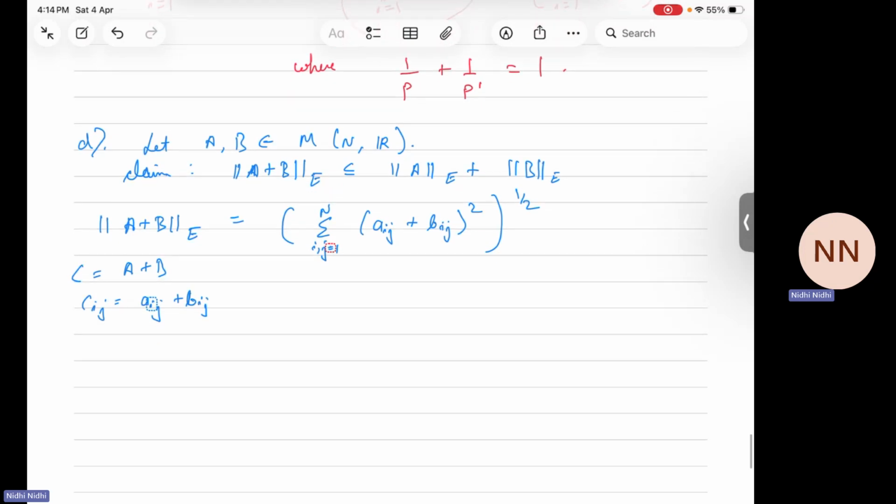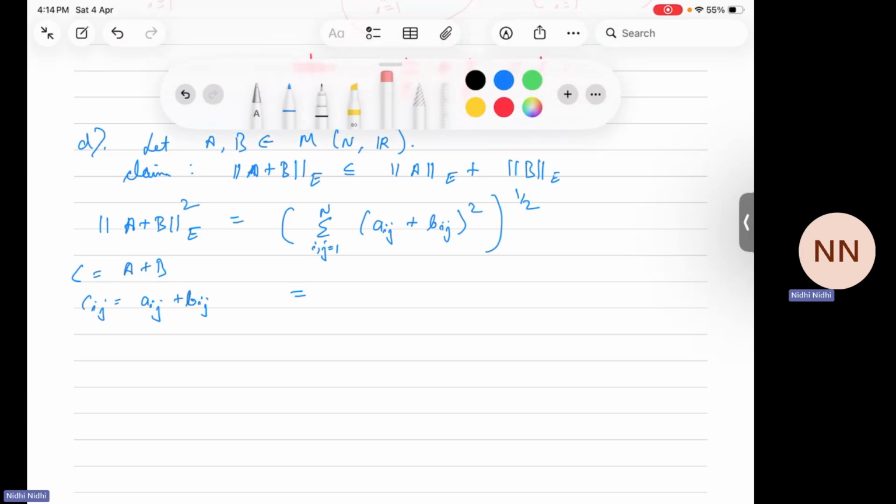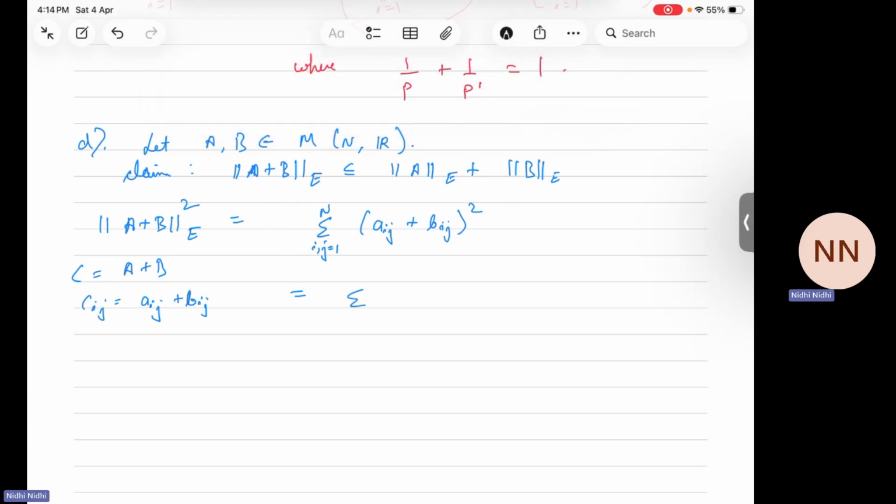So now I can write this as, let's start with the square of this term so that we'll deal with the root at the end. So this is equal to the summation i, j from 1 to n of mod a_ij plus b_ij times, of course I can write A square equals mod A times mod A, mod a_ij plus b_ij.